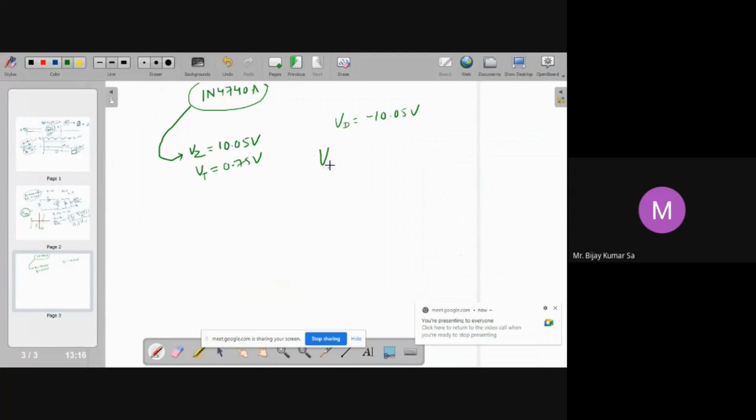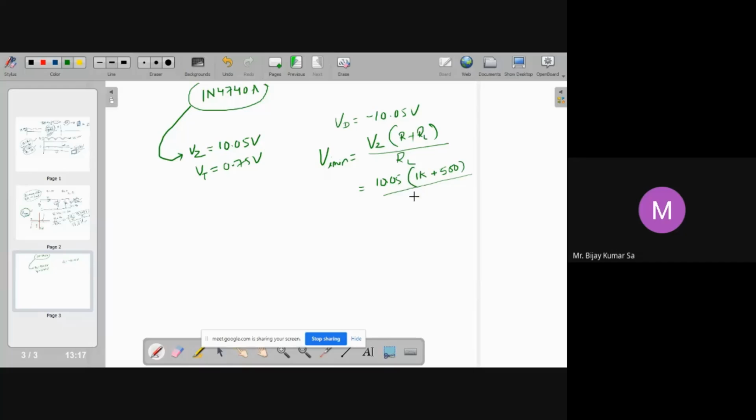Okay, you have the expression VI minimum is equal to Vz into (R plus RL) by RL. From our specification sheet, we have Vz equals 10.05. R is 1 kilo ohm. RL is 500 ohm, divided by RL. RL is 500 ohm. So 10.05 into 1500 divided by 500.